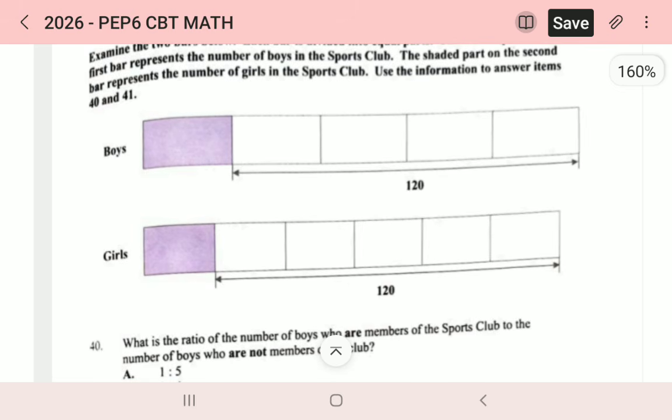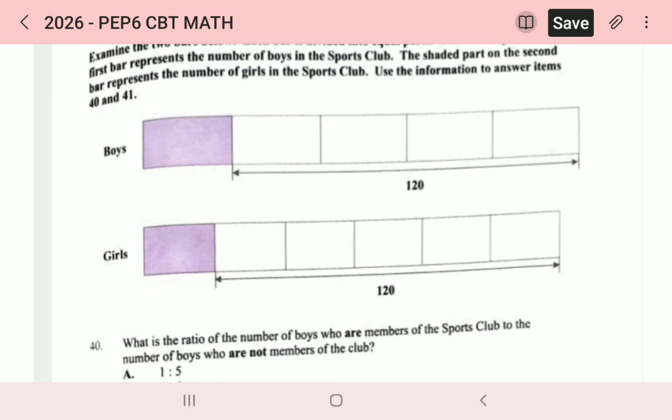So boys, girls, 120, 120. Same number of boys, same number of girls. What is the ratio of the number of boys who are members of the sports club to the number of boys who are not members? So right here it's 120.